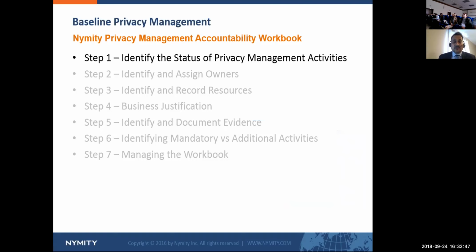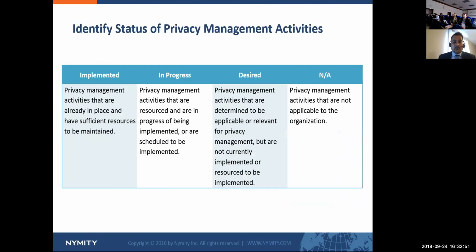The first step is identifying the status of privacy management activities. So with that, again, when we apply to GDPR, there are going to be 55 different activities. You need to basically assess yourself and provide the status. Now, when we talk status, there are 4 statuses in the framework.